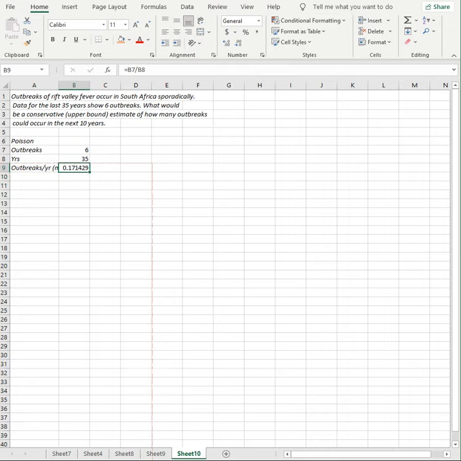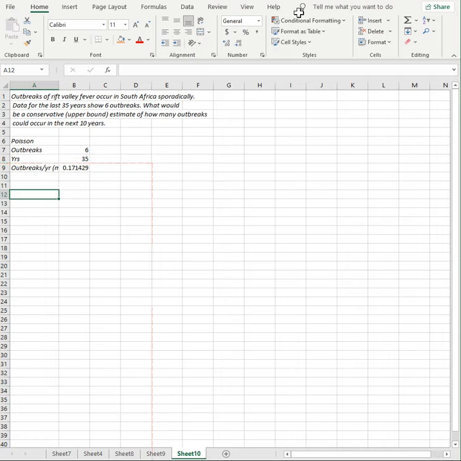So that's our mean. Now, the question is, what would be a conservative estimate of how many outbreaks could occur in the next 10 years? What we can do here is one of 2 things.